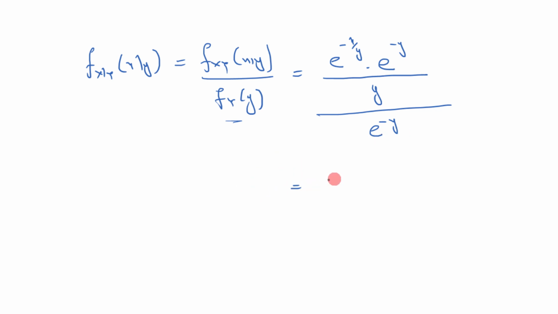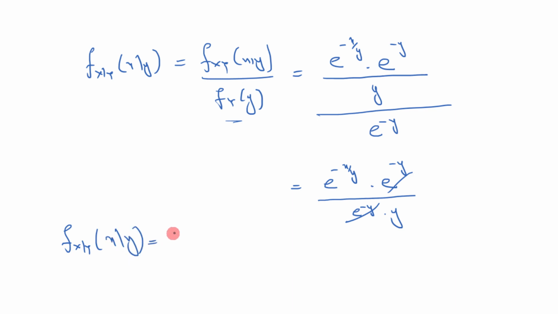So it is equal to e raised to power minus x over y into e raised to power minus y, divided by e raised to power minus y into y. So this will cancel, and our conditional density will be equal to e raised to power minus x over y, over y.